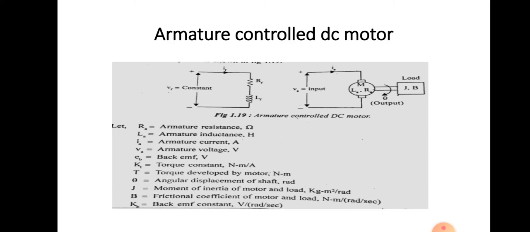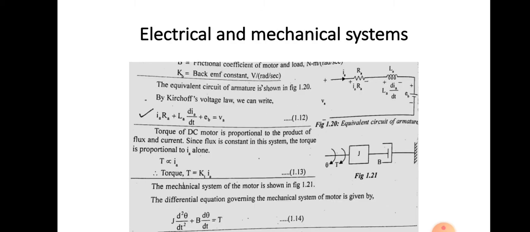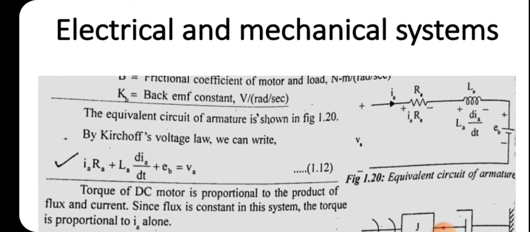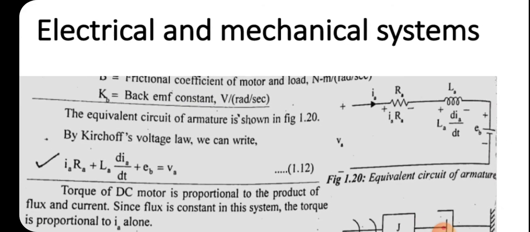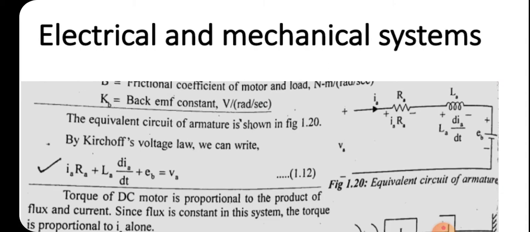First of all, the electrical part and its equivalent circuit are shown in the figure. The electrical part consists of the armature circuit, with armature resistance RA, armature inductance LA, and armature voltage VA. Also, when that voltage is applied across the armature, a back EMF is developed in the armature, represented by EB.